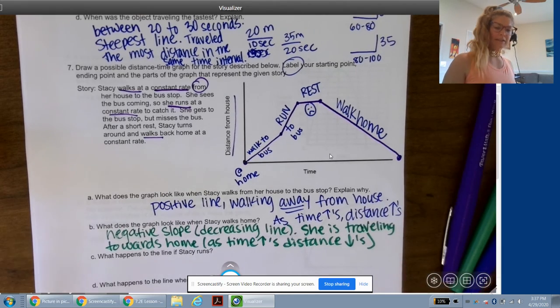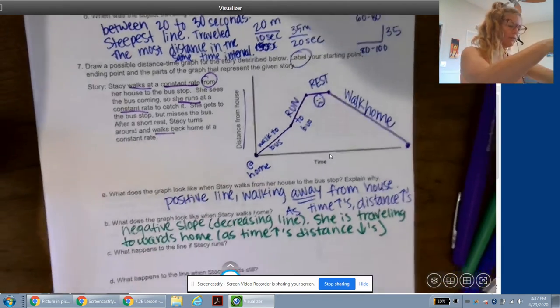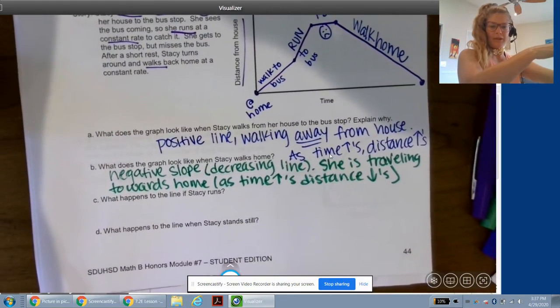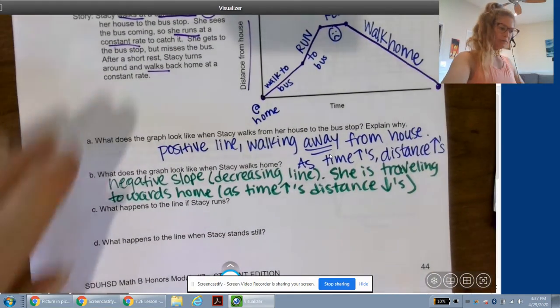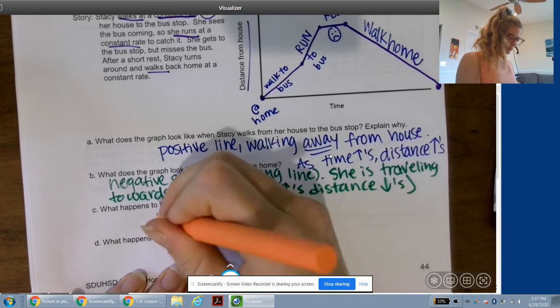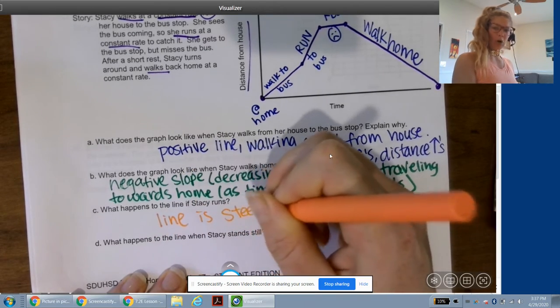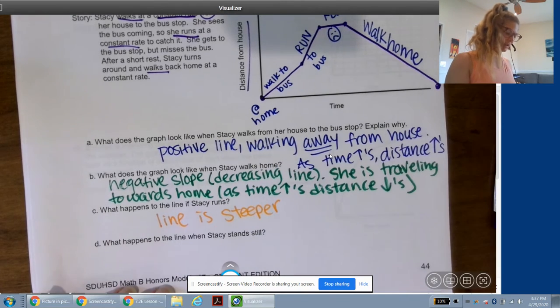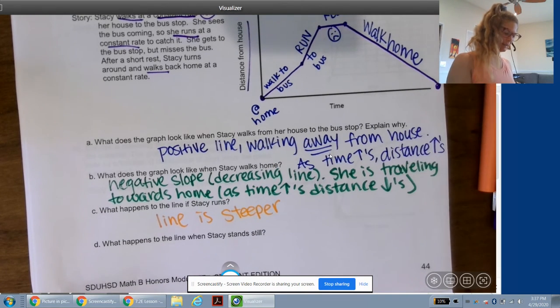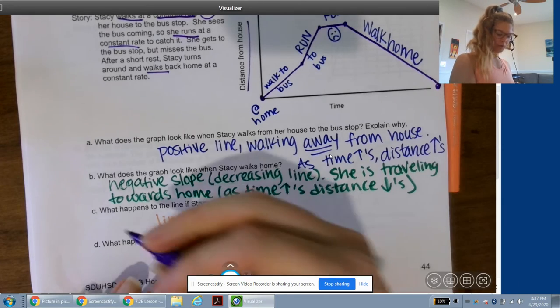What happens to the line if Stacy runs? Well, if she runs, it's going to be steeper than when she walks. Line is steeper. What happens to the line when Stacy stands still? Horizontal.